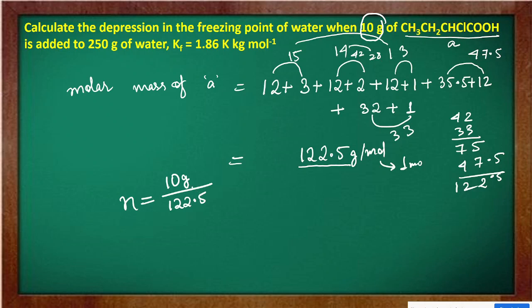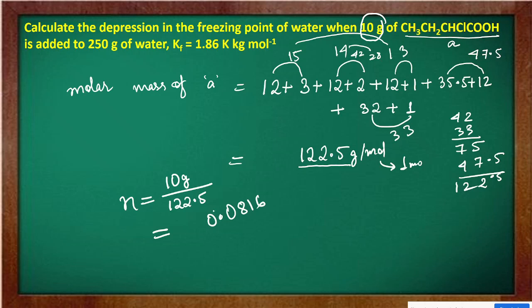So the number of moles present is 10 divided by 122.5, and you will get 0.0816. This is your number of moles. So this many moles are present in 10 gram of the substance.